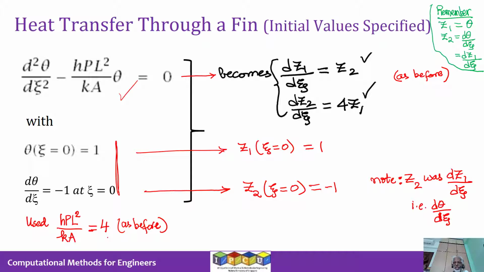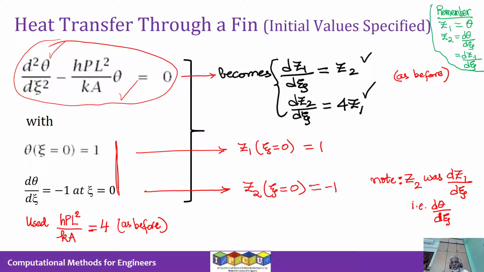If you remember the notation we used in the boundary value problem, we have to convert this second order ODE into two first order ODEs. So we introduced two symbols, as you may recall. Z1 is equal to theta, the dependent variable. Z2 is defined to be dz1 by d psi.